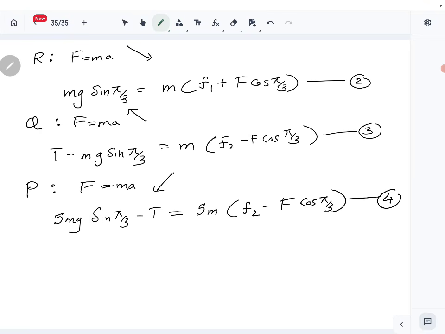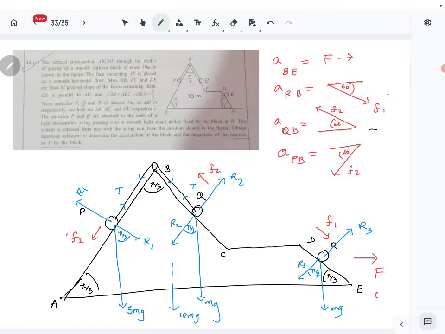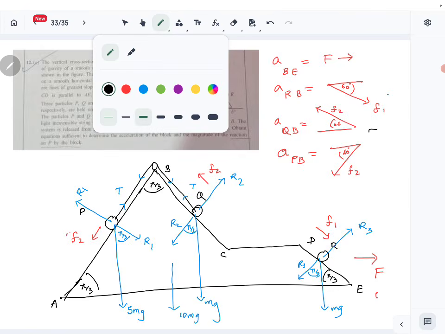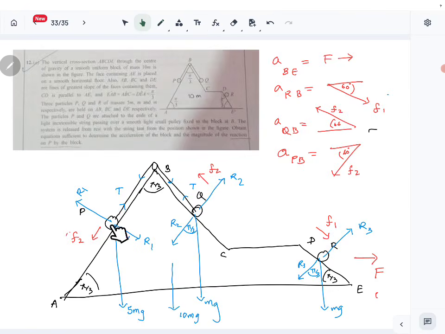Right, now we need to write something to find R1, the reaction on particle P. So F equals ma for the particle perpendicular to the plane. So first let's look at the forces perpendicular to the plane on particle P: R1 and 5mg cos pi over 3.